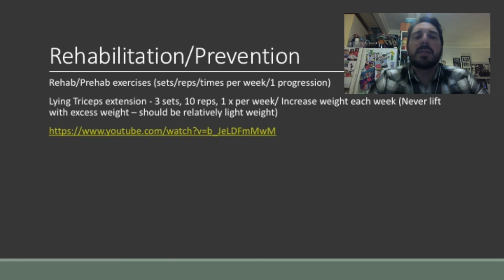So a lying tricep exercise is going to be great for that. 3 sets, 10 reps, once per week. You can increase weight or frequency, but you should always try to do lightweight until you're fully healed. And this is one of those exercises that has a crossover effect into the strength training realm, because in strength training, this is just a great exercise anyway to strengthen that joint as well as the muscles surrounding it.